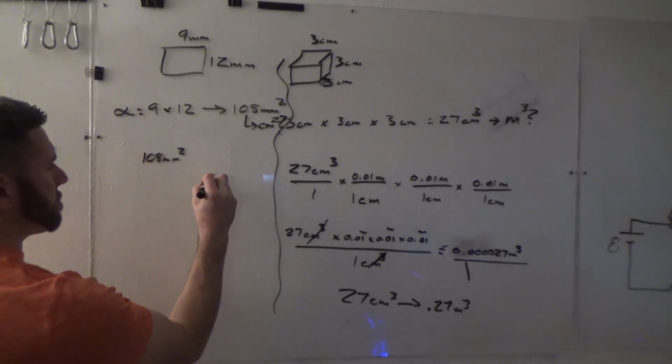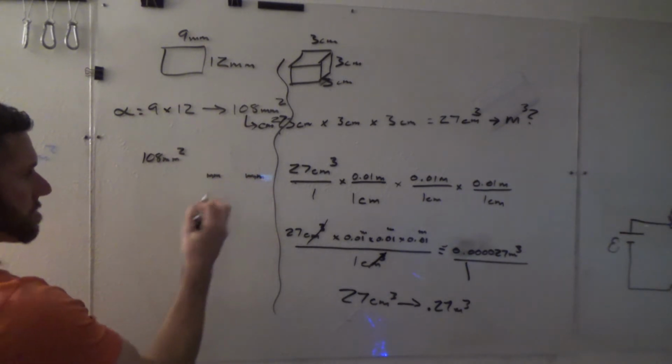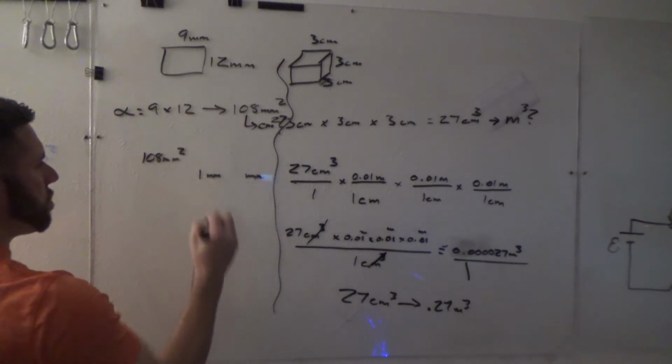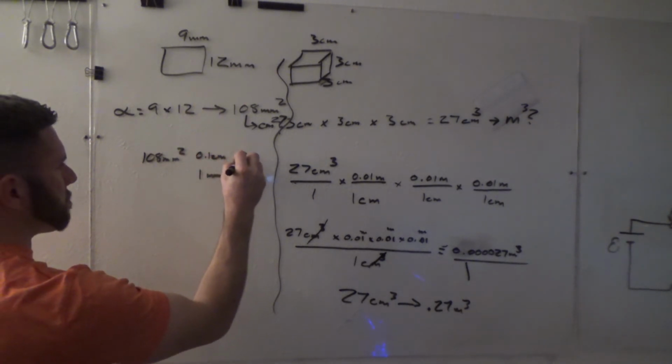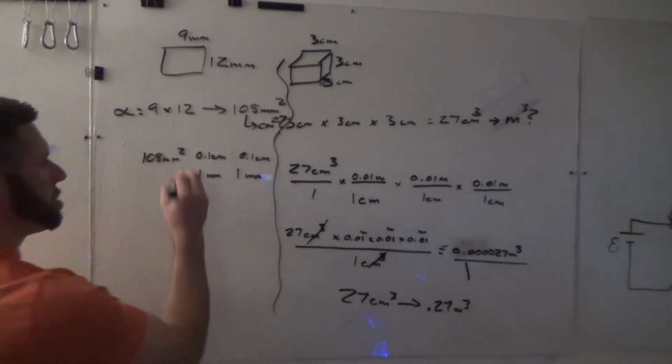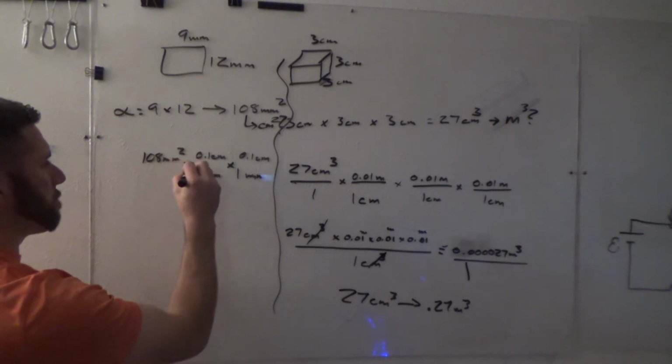We need millimeters, millimeters again, just to balance this out. 1 millimeter is 0.1 centimeters, 0.1 centimeters. 2 of these, 2 conversions. Now we just got to multiply them out.